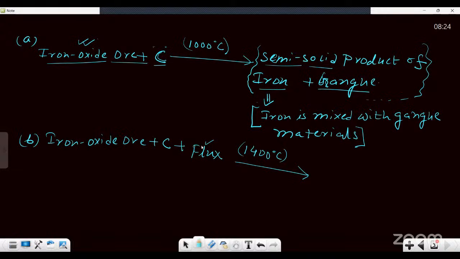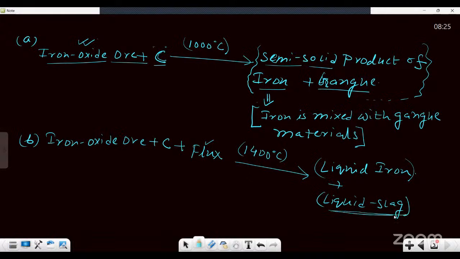But here when we are using the flux and increasing the temperature further, to 1400 degrees Celsius, what will you get? You will get liquid iron plus liquid slag. Because of the addition of this flux, the extra thing that we are getting is this slag. The slag is coming into the picture, right?